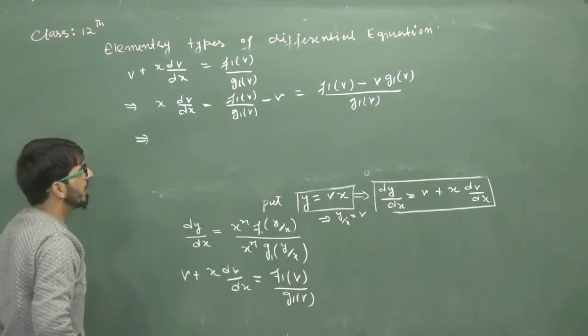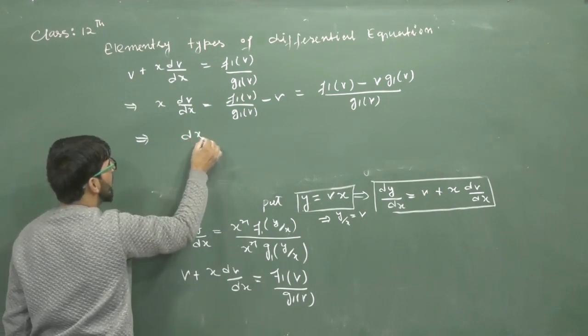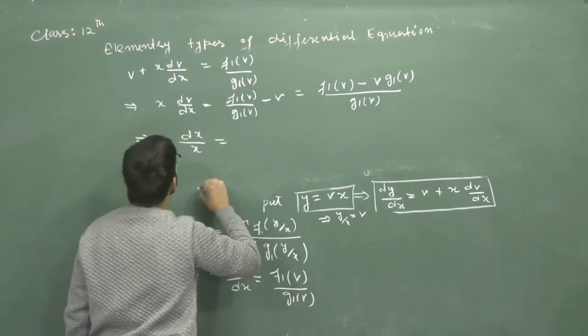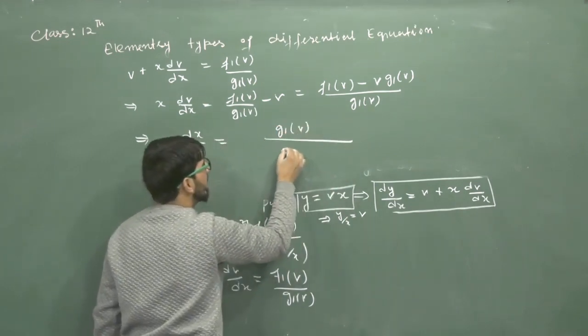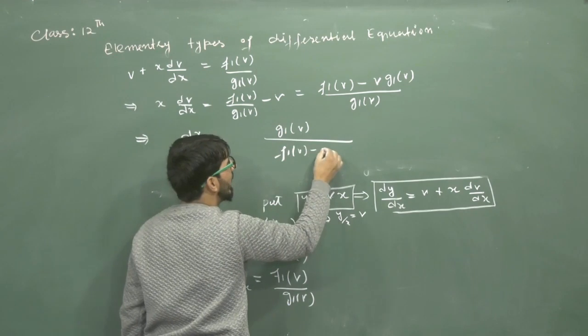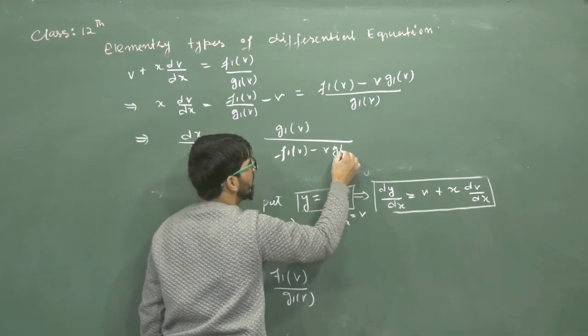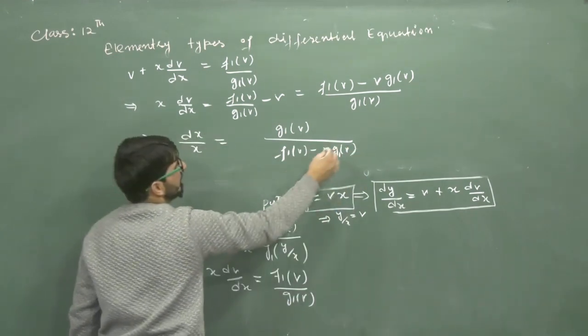So after separating variables here, we get dx by x is equal to g1 of v divided by f1 of v minus v times g1 of v dv.